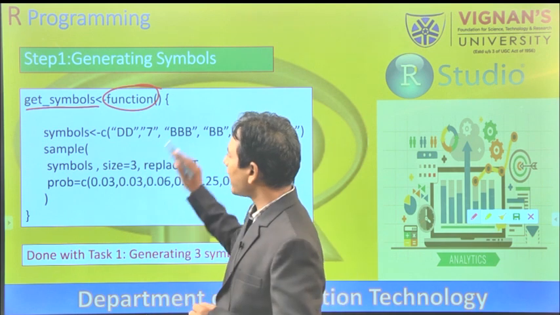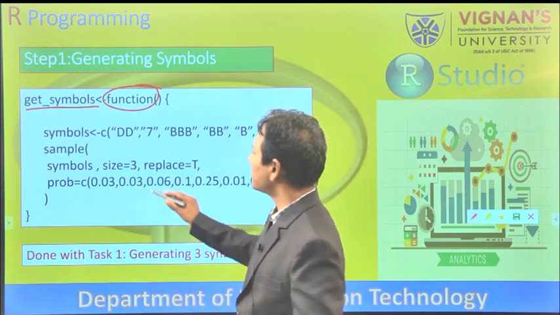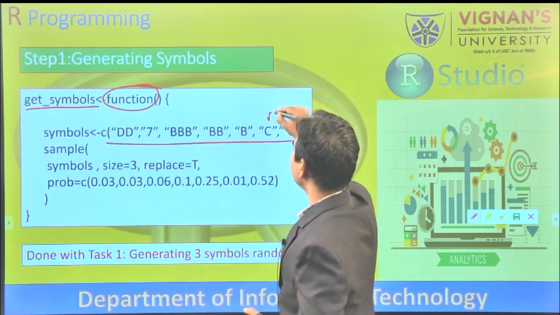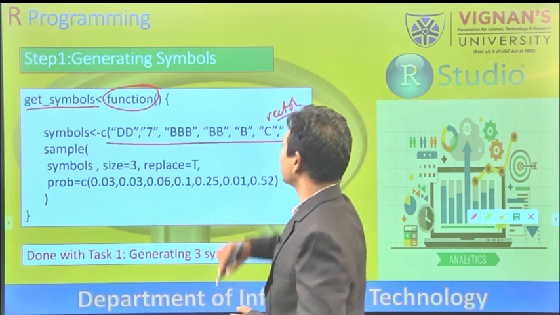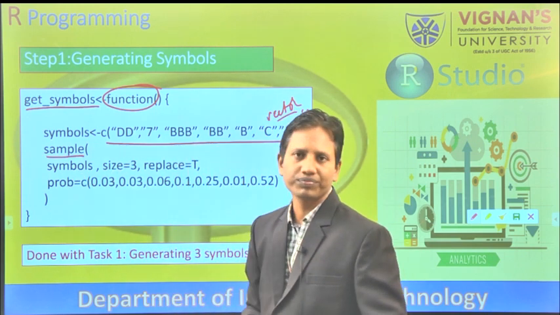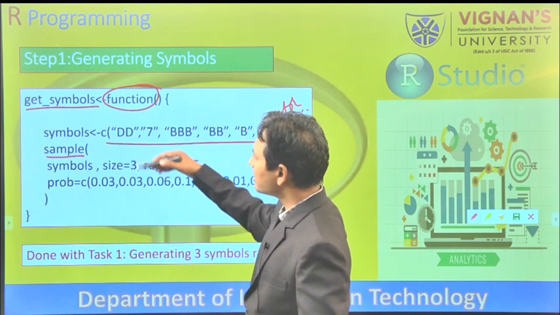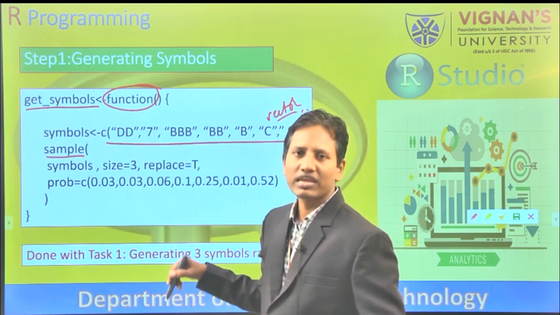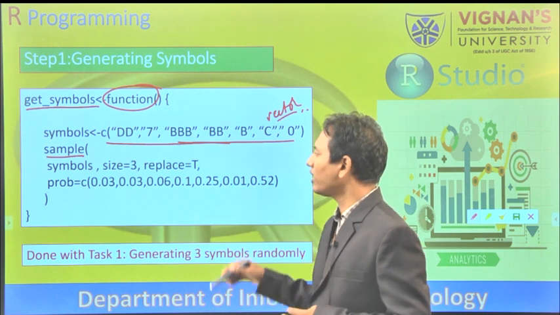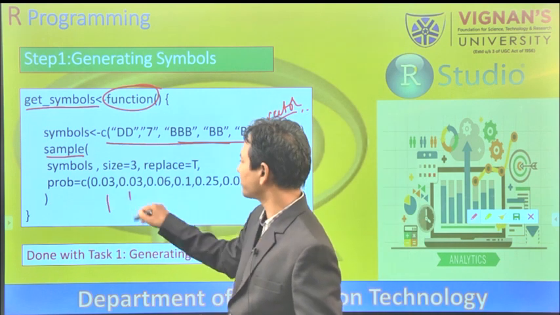Now what I am doing is that this symbols vector is passed and sample function is passed into this one. So ultimately this function is going to give me 3 symbols out of this 7 randomly with these probabilities.